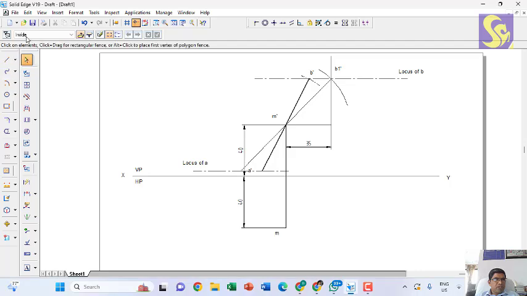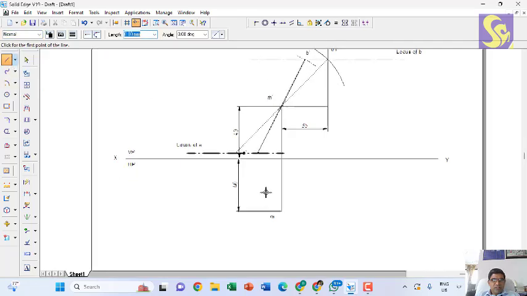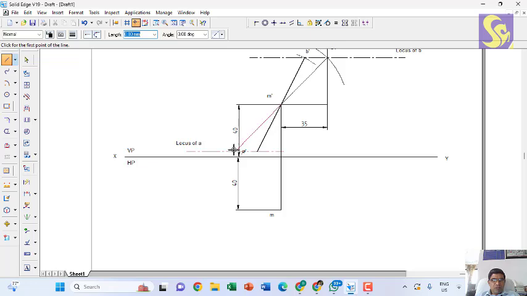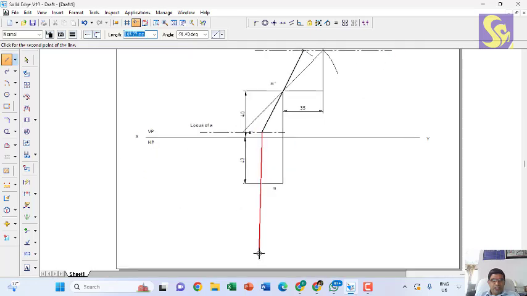I'll draw the projection lines from the true length points and the top view points, because I know that the top and front view shall come in the same vertical projectors.